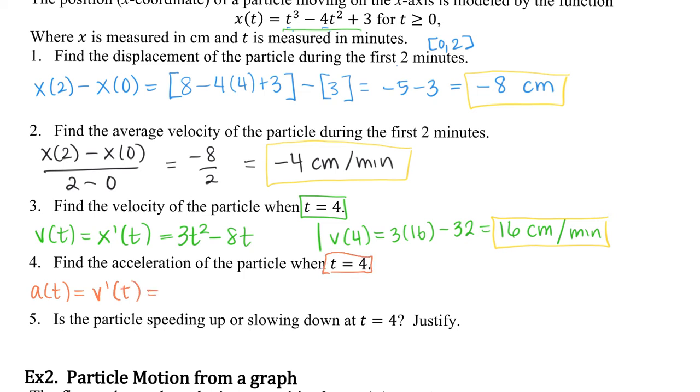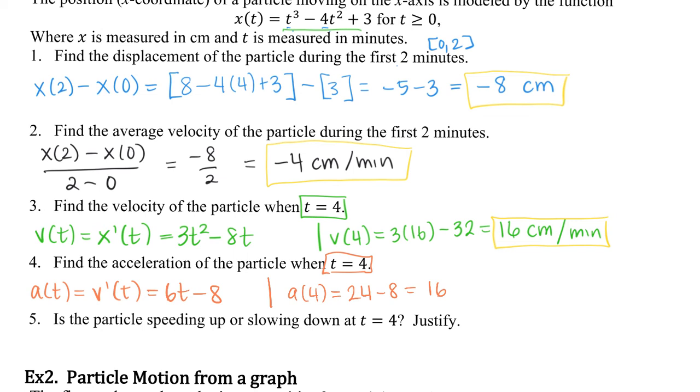The derivative of v of t, which is 3t squared minus 8t, is 2 times 3, that's 6t, minus the derivative of 8t, which is 8. So the formula for the acceleration of the particle is 6t minus 8. They want the acceleration when t equals 4. 6 times 4 is 24, minus 8, so that's 16.